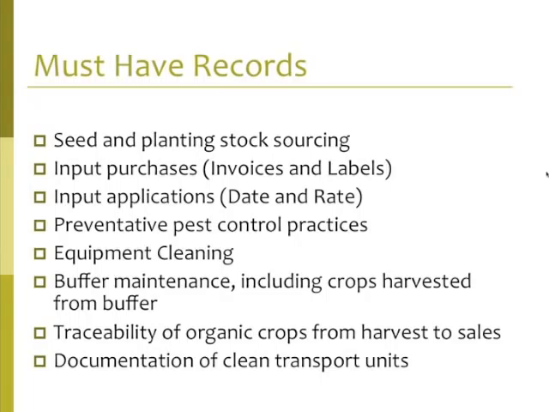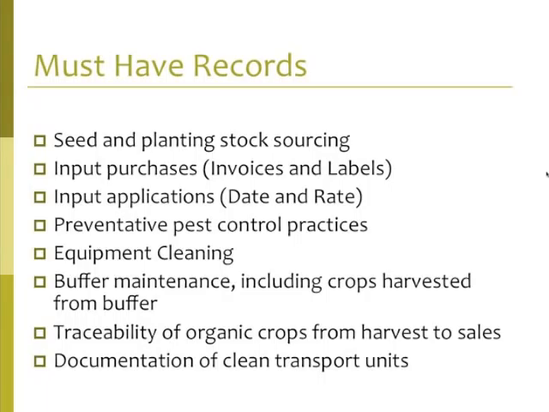You'll want to keep copies of the invoices and labels for the inputs that you're using, the input applications, the dates of using an input, and the rates of application, how much was used, and where specifically on your farm if you have multiple fields or multiple parcels even. You'll want to keep a record of your preventative pest control practices, a record of cleaning equipment, and this is especially important for equipment that's shared with non-organic production, and I'll touch a little more on that later.